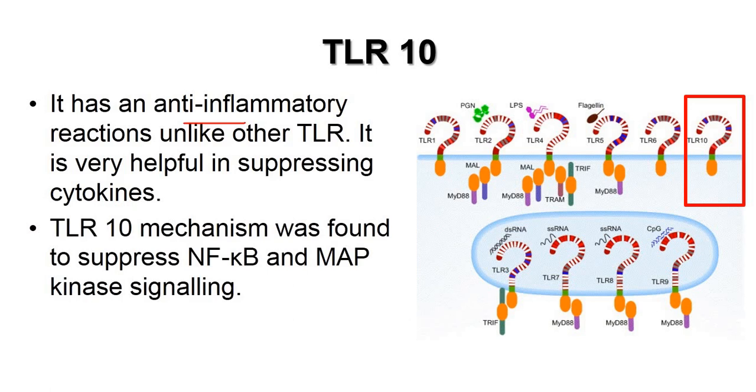The TLR10 mechanism was found to suppress inflammation by blocking the NF-kB and MAP kinase pathways. These two pathways are very important in culminating the result of inflammation.